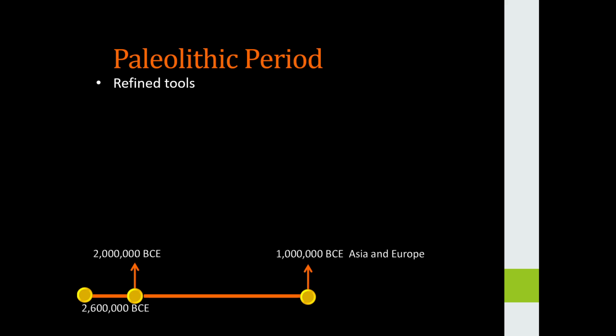And in this time period, those simplified tools that we talked about, that were just used for crushing or splitting or gathering insects, have become much more refined. So these ones now have chipped edges that can be used for cutting, and therefore acquiring bigger game and better food.